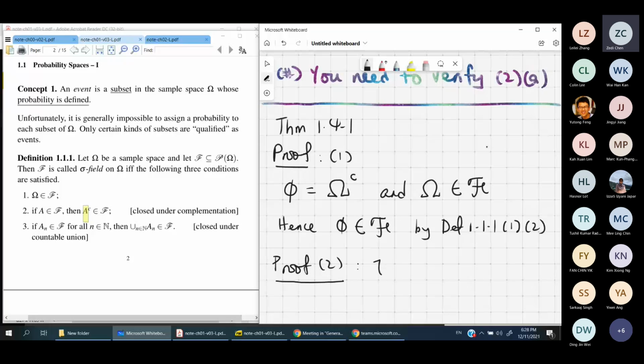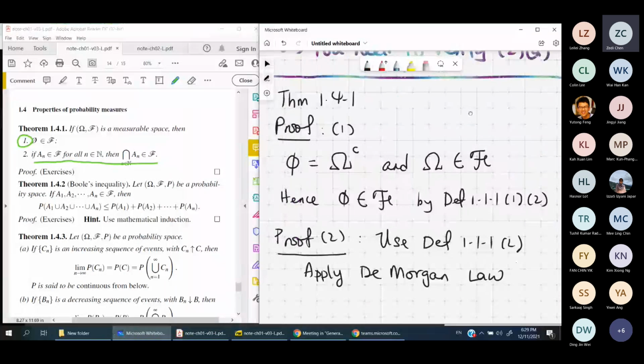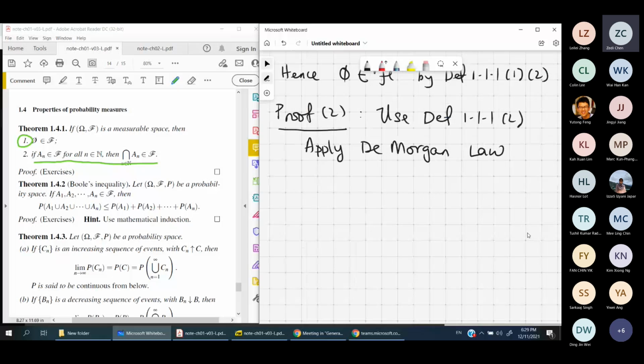What you can do is use definition 1.1.1, the second one, and after that apply De Morgan's law. Using definition 1.1.1 part 2 and De Morgan's law, you should be able to verify this. So this is how we get the first one.